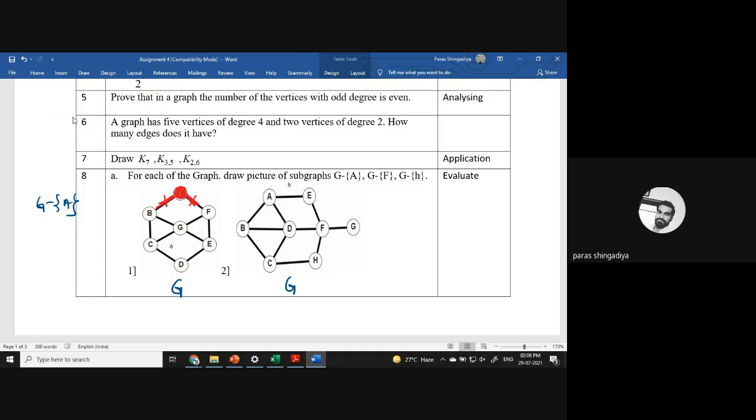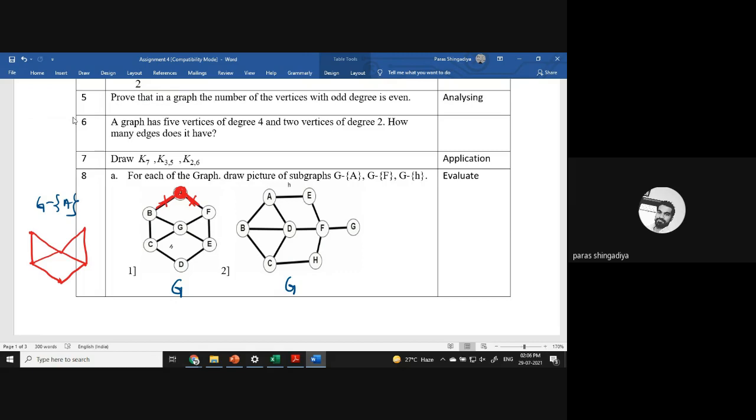These two edges will also be removed from here. So the remaining set is this one, which includes 6 vertices, and these are the edges. It looks like a subgraph of the main graph. That is your remaining graph.